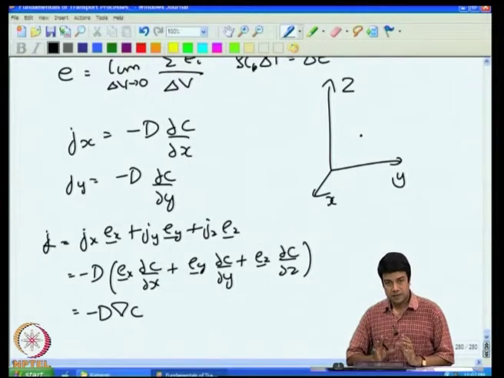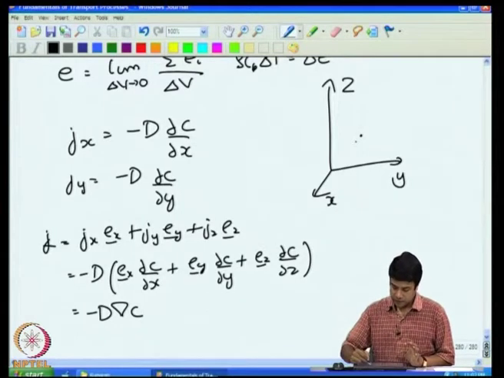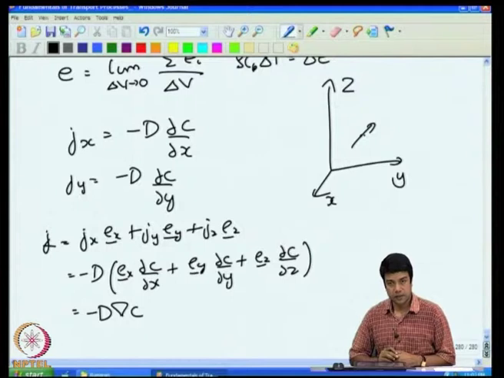So, the flux itself is a vector object at a given point. It has both a magnitude and a direction, and it is related to the way that the concentration varies around that position. Note that when I write partial c by partial x, it is implicit that I am keeping y and z constant. Similarly, when I write partial c by partial y, I keep x and z constant, and similarly when I write partial c by partial z, x and y are constant.